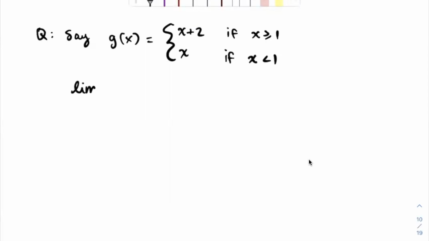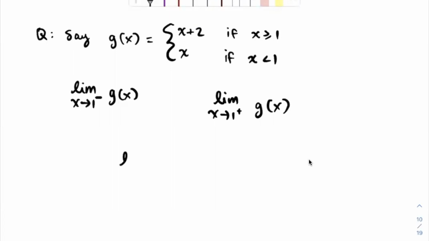So we're going to look at the limit as x approaches 1 from the left, the limit as x approaches 1 from the right, and the total limit if it exists.